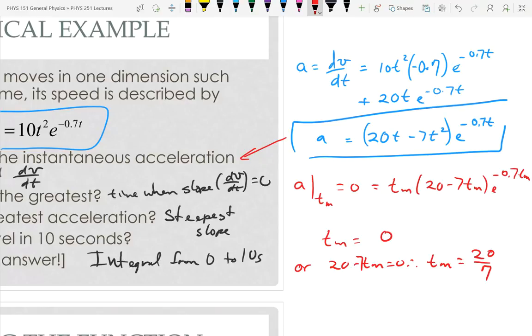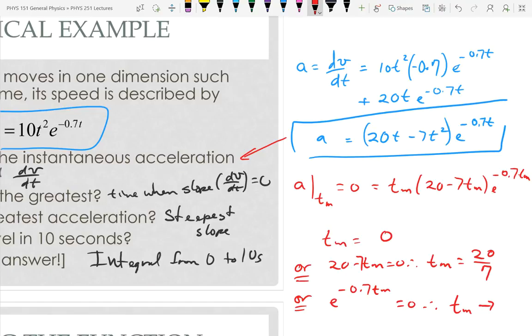And then my third one, e to the minus 0.7 Tm equals 0. What value for Tm would make that equal 0? Well, what value for Tm makes e to the minus 0.7 Tm 0? We do natural log of those?